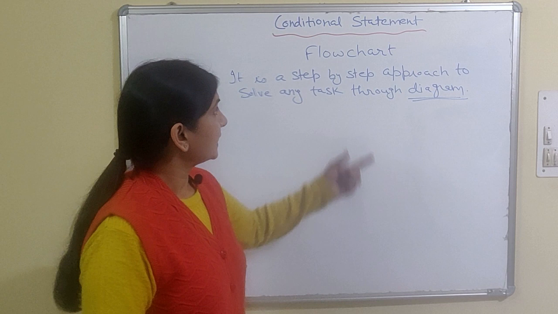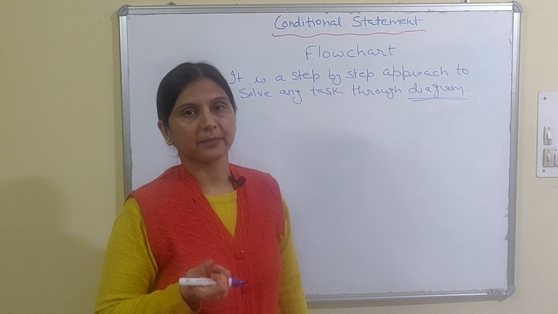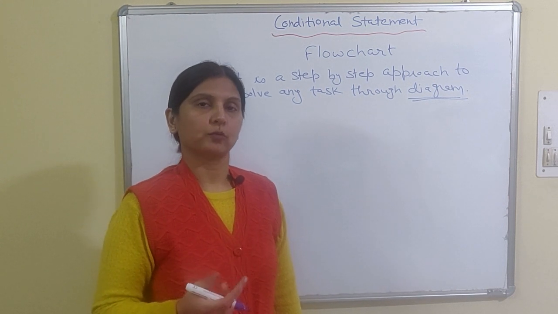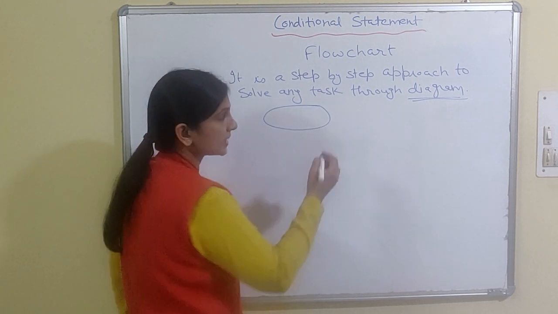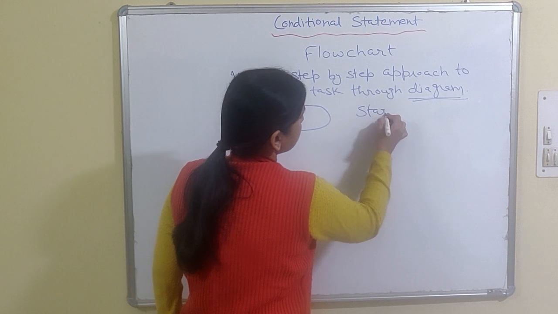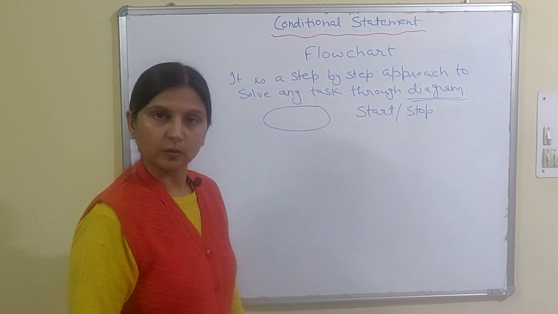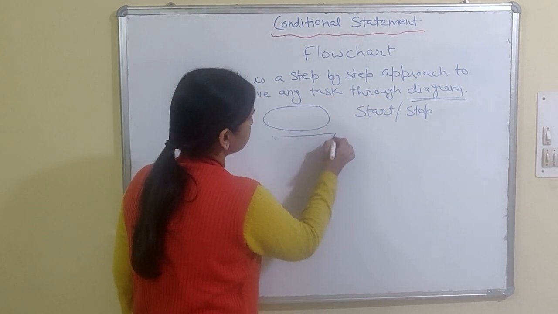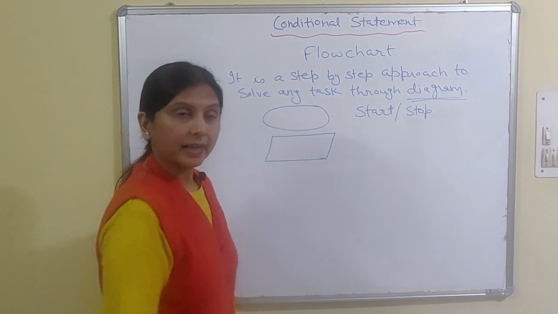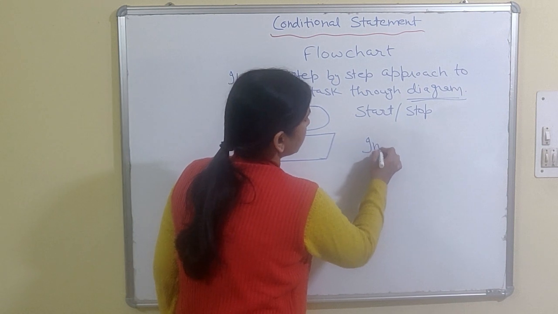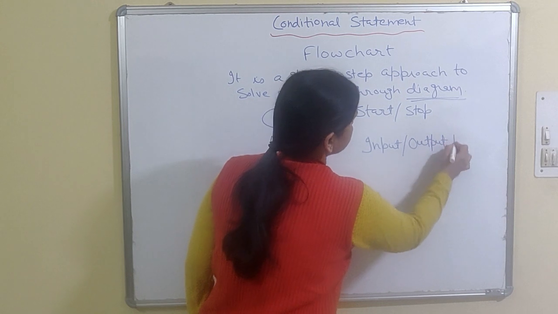And in flowchart, each step is represented by a box of some specific type. Like in flowchart, what kind of boxes we use? First box is oval shape, and this is start and stop box. Then we use box of shape parallelogram, and this is input output box.